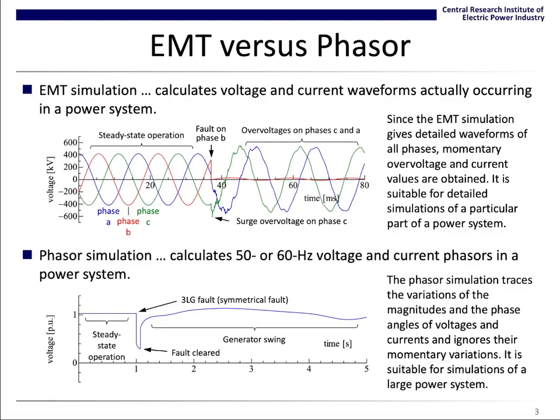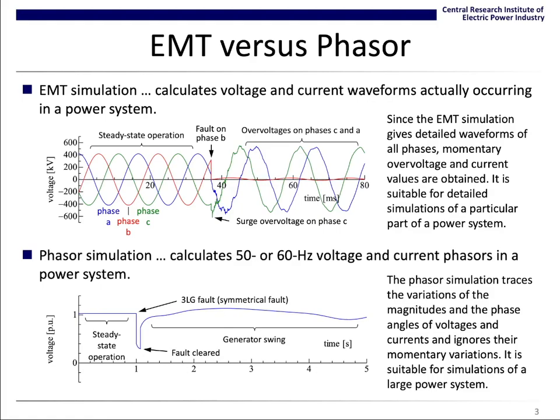Okay, let's look closer at the difference between the EMT simulation and the Phasor simulation. The EMT simulation calculates voltage and current waveforms actually occurring in a power system. As shown in the upper figure, when a line to ground fault occurs on phase B, the voltage waveform of the phase B becomes very small, and transient overvoltages are observed on the sound phases, phases A and C, including surge voltages and temporary overvoltages.